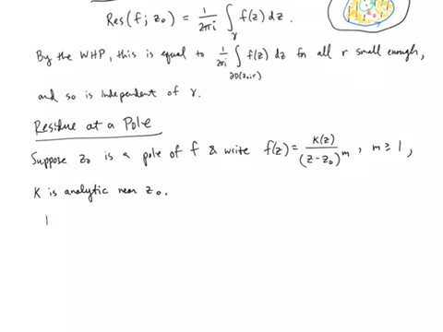Okay, then the residue of f at z0 is 1 over 2 pi i times the integral around a small circle going around z0 of k of z over (z minus z0) to the m, dz.